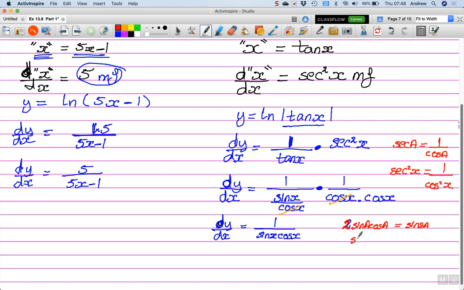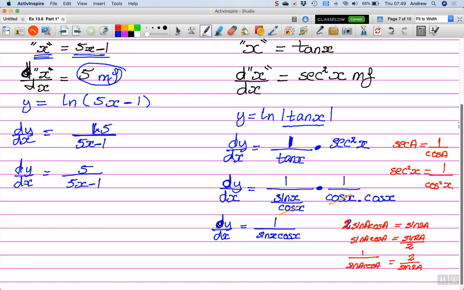So sine a cos a is sine 2a divided by 2. So 1 over sine a cos a is equal to 2 over sine 2a.